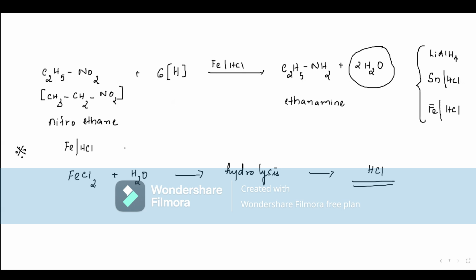That is why, among all the methods of reduction, Fe in HCl is the preferred reducing agent. I hope that point is clear. Now the same reaction can also be written using ArNO2. Let me straight away take an example.